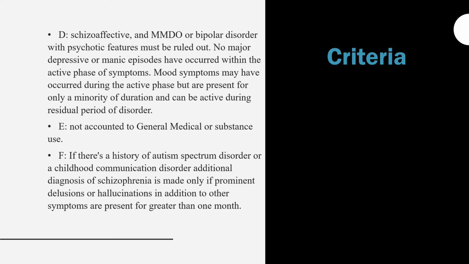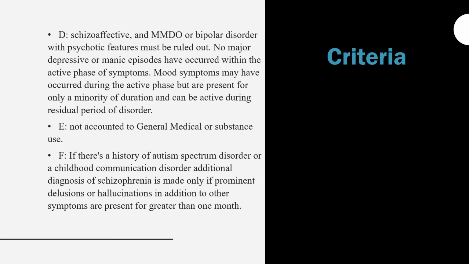It has to be ruled out first. It has to be resolved. Same is true with substance use. If there's no addiction happening, then you've got a clear image of what's happening. But if you've got substances involved, then which one came first, chicken or the egg? Now, F. F is really important.